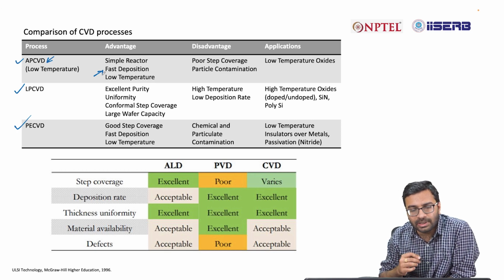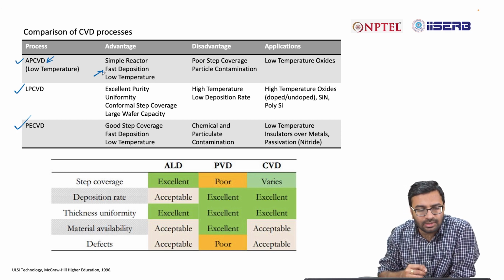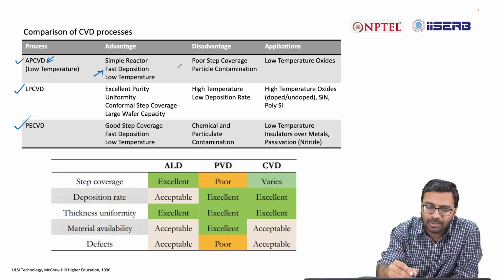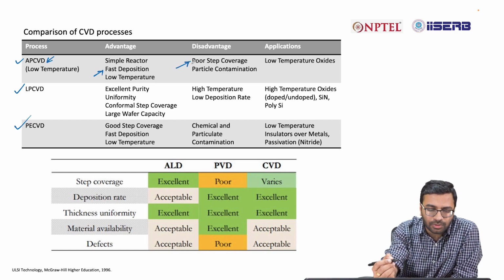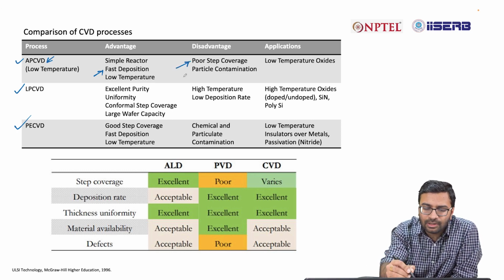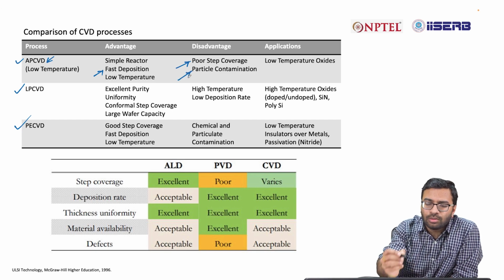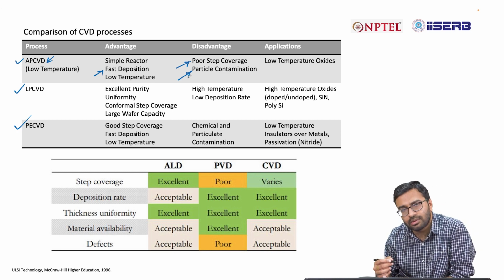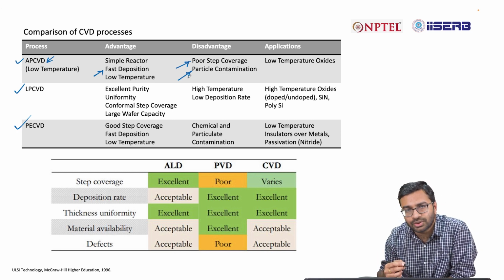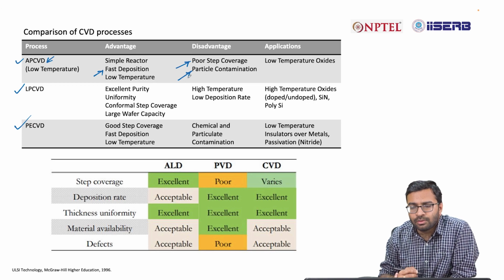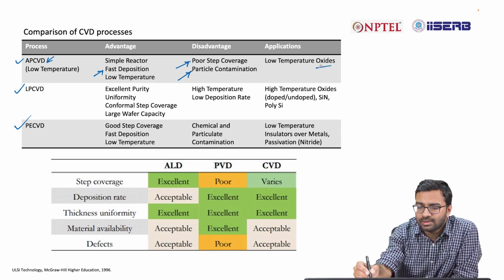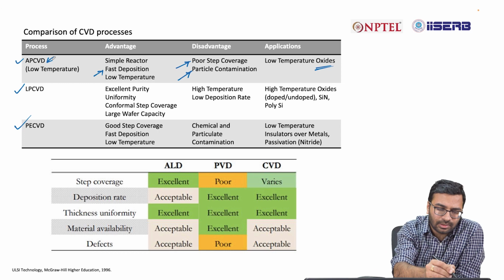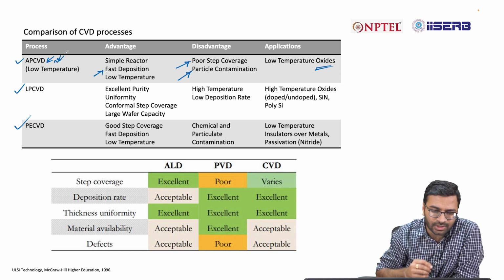It is not a very complicated reactor. However, the disadvantage is the step coverage is poor, and it also has a disadvantage of particle contamination. So, it may introduce some sort of contamination in the deposited layer. So, usually low temperature oxides we deposit using atmospheric pressure CVD.